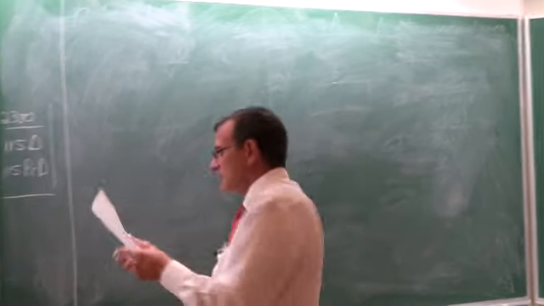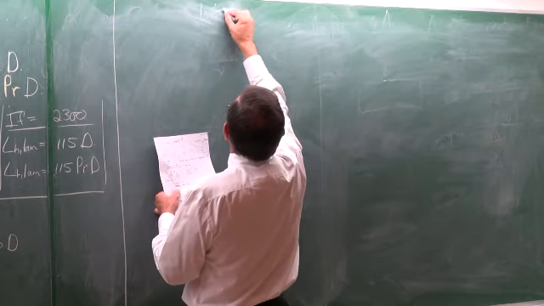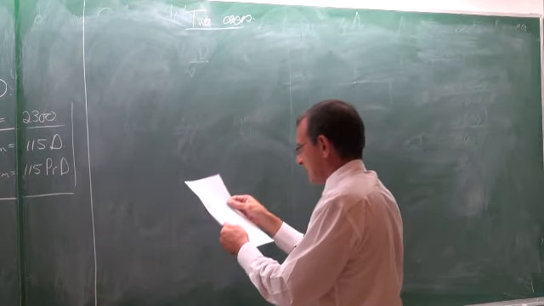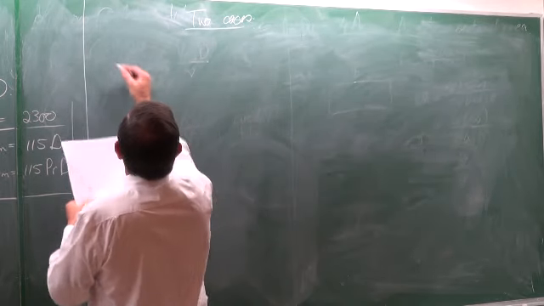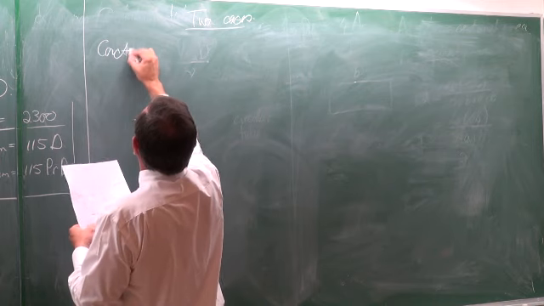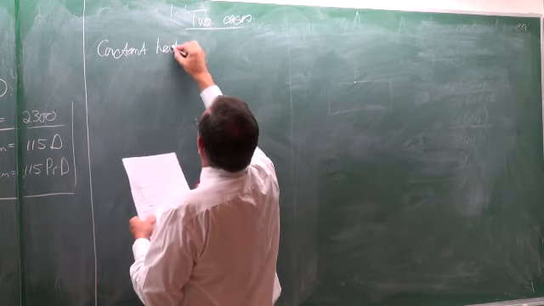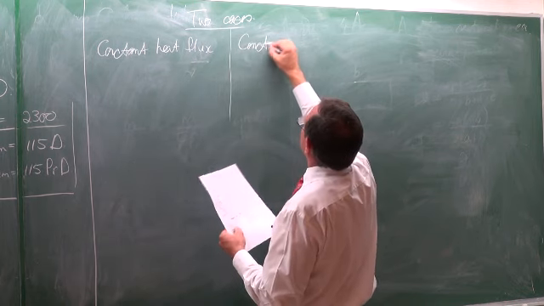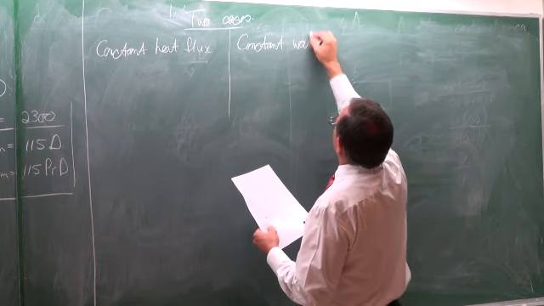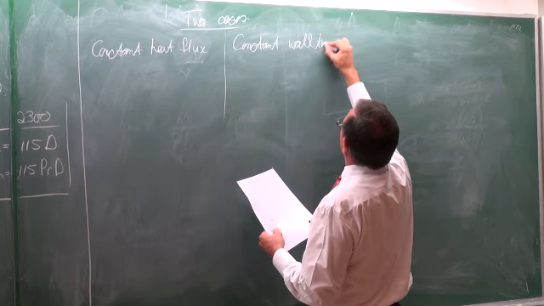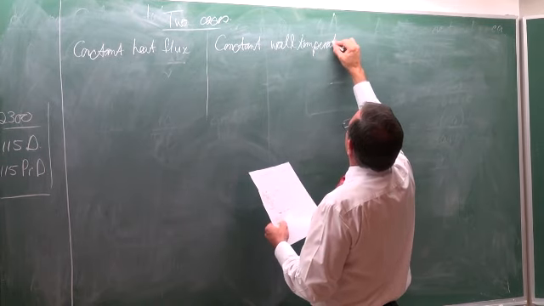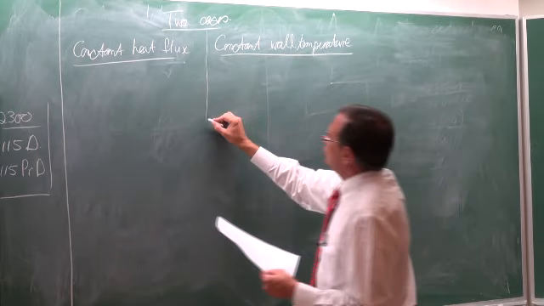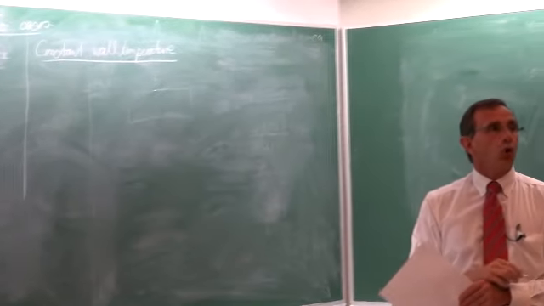So there are two cases, and these two cases are firstly the case of a constant heat flux and the second one is a constant wall temperature. Constant heat flux and a constant wall temperature.